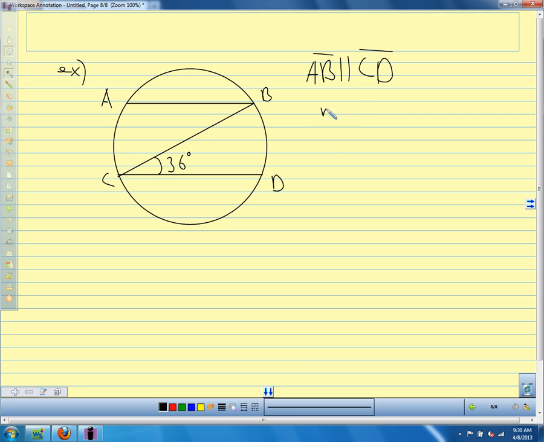We want to find the measure of arc AC. So we know these two segments are parallel. If those two segments are parallel, what does that tell us about this angle and that angle?